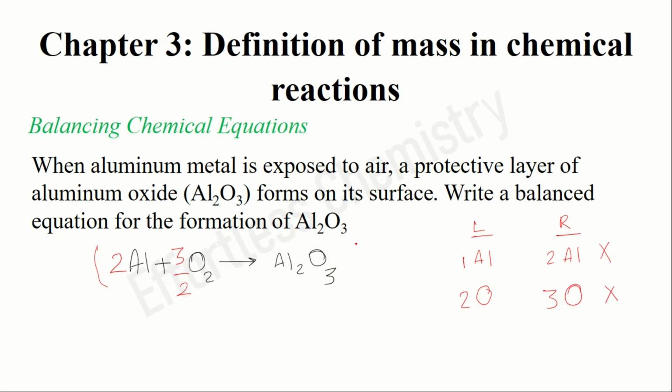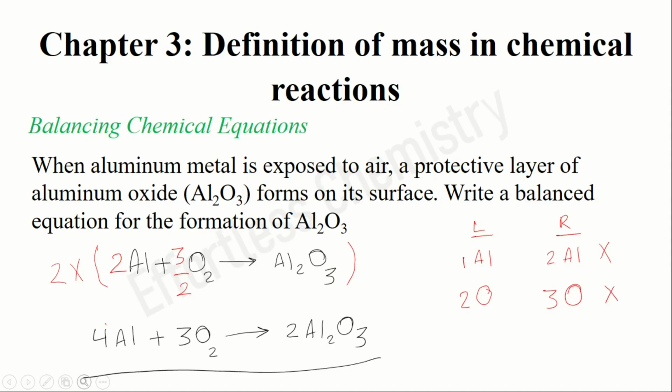So I will multiply the whole equation by 2 to find the balanced equation. So better to write it: 4 aluminum after exposure to 3 molecular oxygen gives us 2 molecules of aluminum oxide. That is your balanced equation.